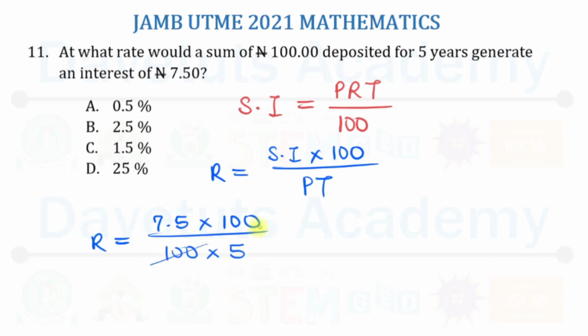So here, 100 can cut. 5 in 7 is 1, remaining 2, 5 in 25 is 5. So we have 1 point, we still have that decimal place. So what we are asked to find is nothing but 1.5%. Looking at the options, option C reflects that correctly.